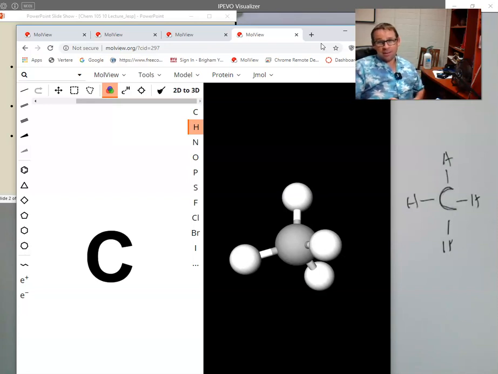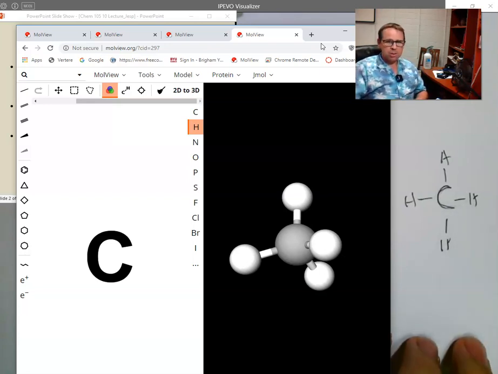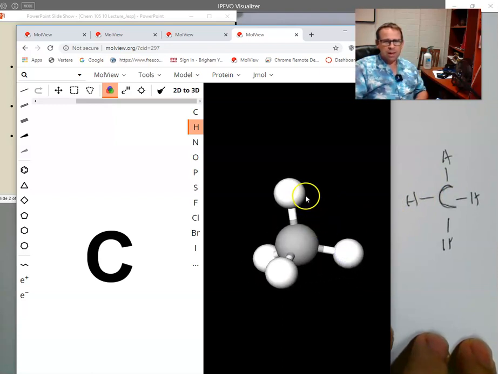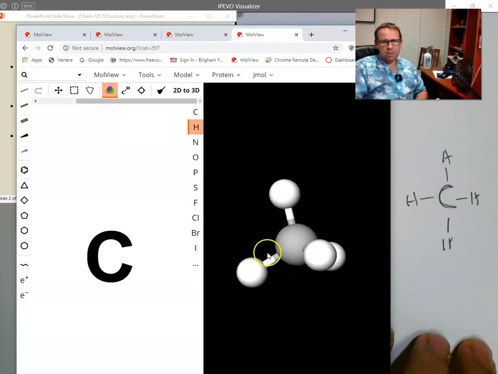But that's not the case because our molecules are in 3 dimensions. They're not confined to the 2 dimensions of our drawing here. So this molecule in 3 dimensions shows that the angle between the ligands on this carbon here are not 90 degrees, and it might not be intuitive what the angles are.